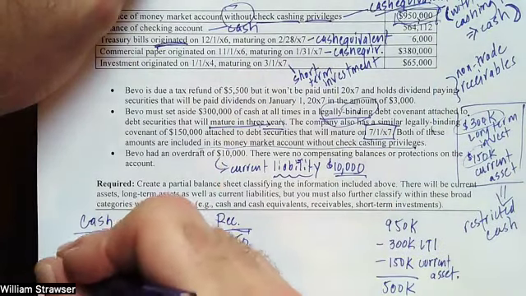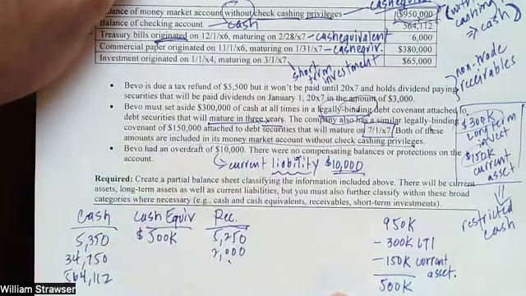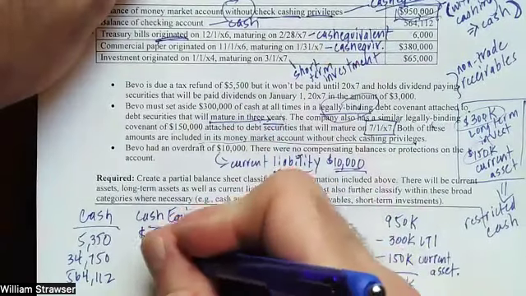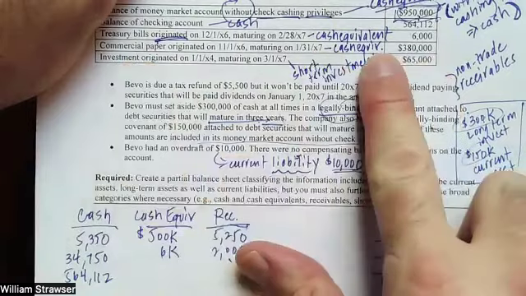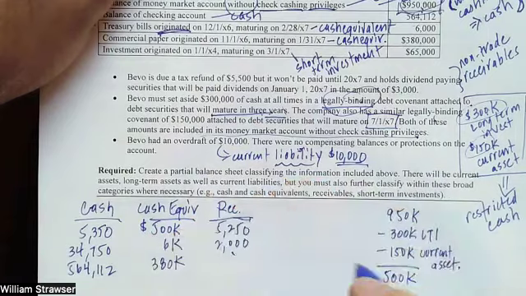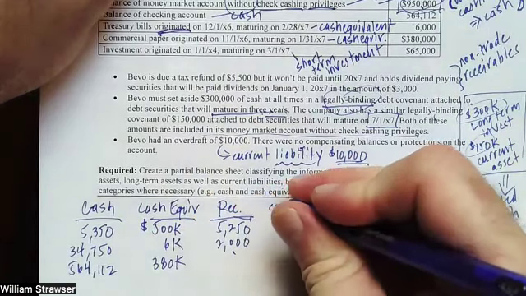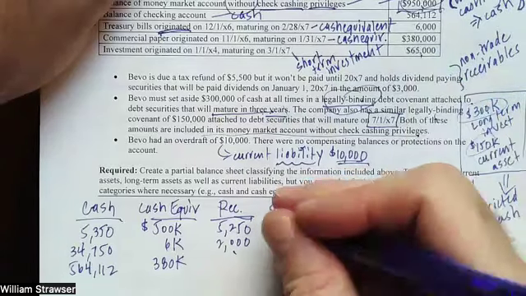564,112. The treasury bills, those were a cash equivalent, 6,000. The commercial paper, cash equivalent, 380. This investment, neither cash nor cash equivalent, short-term investment, 65.